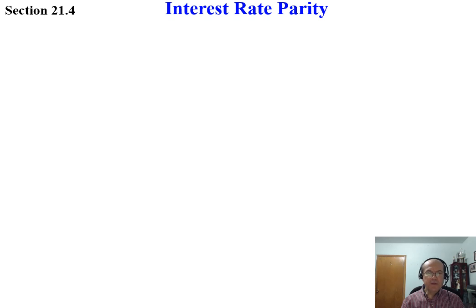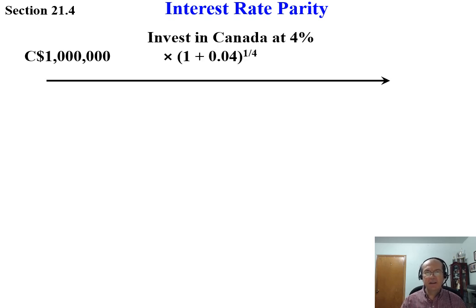So you are authorized to trade 1 million Canadian dollars. If you invest in Canada, you can earn 4% interest rate. And because we are given 90-day forward rate, let us invest for 90 days to eliminate any uncertainties with the future exchange rate.